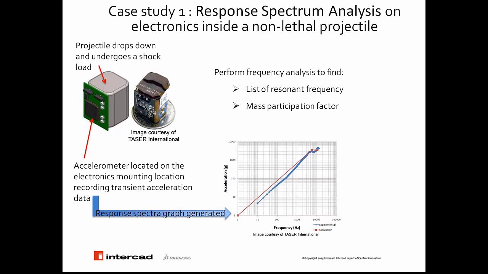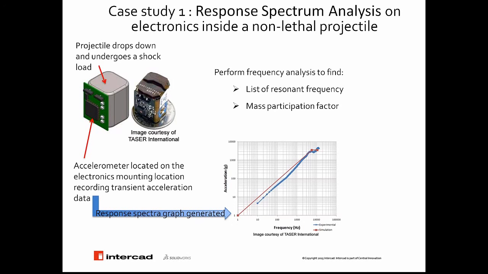What is required? First of all, before doing any response spectrum analysis, we have to perform a frequency analysis to find the list of resonant frequencies and look at their mode shapes, and then also look at the mass participation factor. It is very important for the direction of collision, or the predominant direction of displacement.